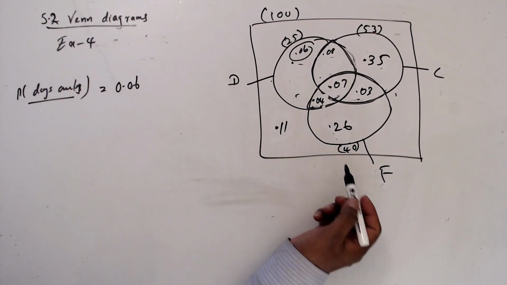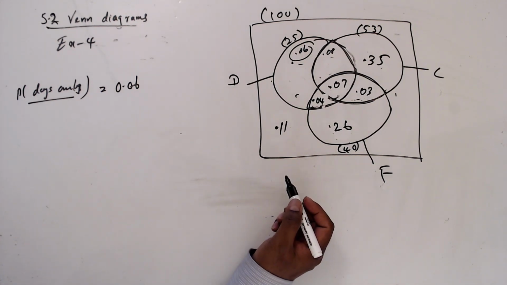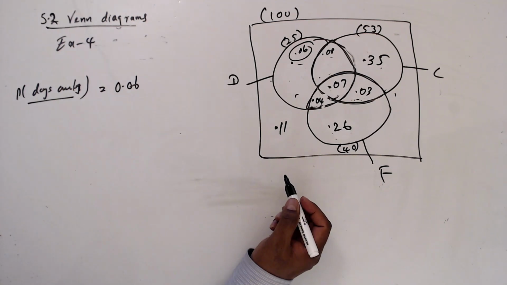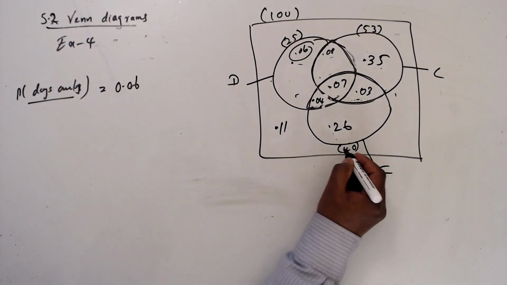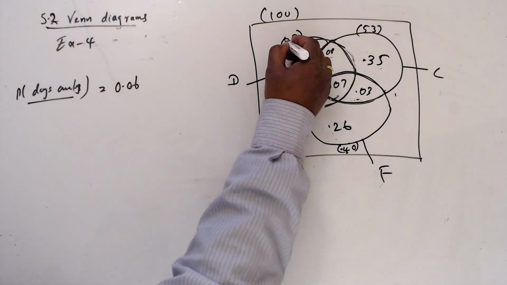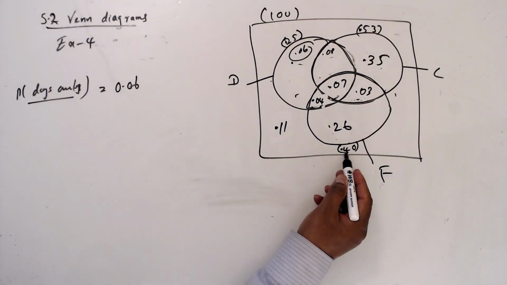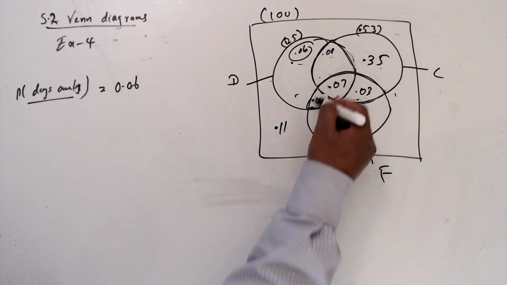And the other one, does not own fish. So own fish is, when you divide by 100, this is 0.4. This is 25 the total, and this is going to be divided by 100, 53. So own fish is 0.4.